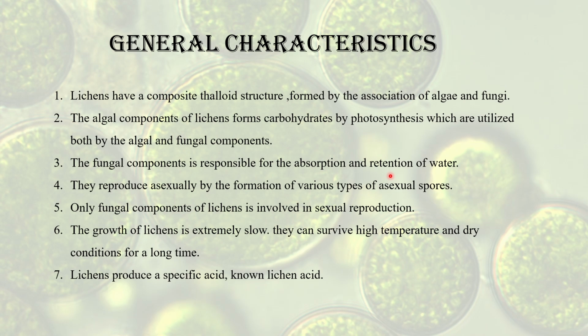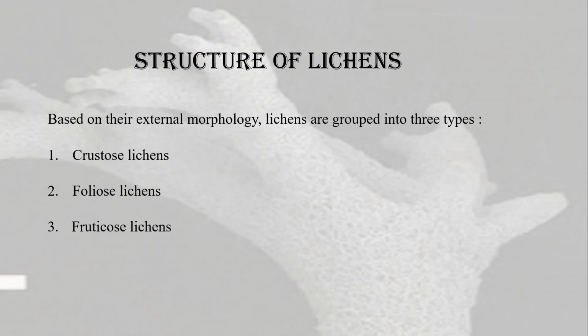They reproduce mostly asexually, while the fungal partner reproduces sexually. They can survive high temperature, cold, or dryness for long periods. They produce special compounds called lichen acids, used for special production and human uses.